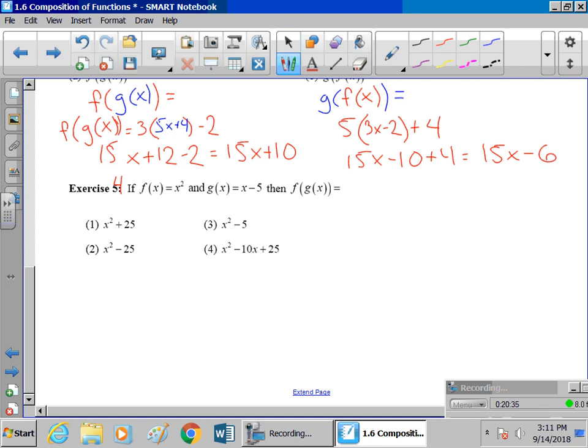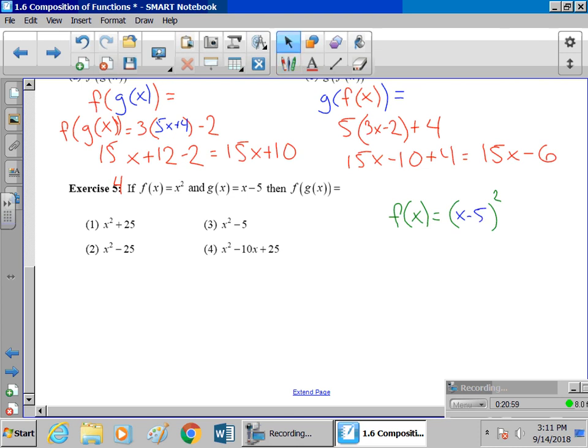So let's go off to the side and we will start with our f of x, because this one we're embedding the g of x inside of it. So f of x equals x squared, and where there's the x, we're going to put parentheses, and we're going to put the g of x inside. All right, now, what does it mean when you square something?